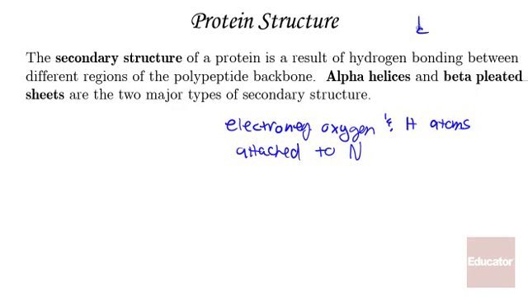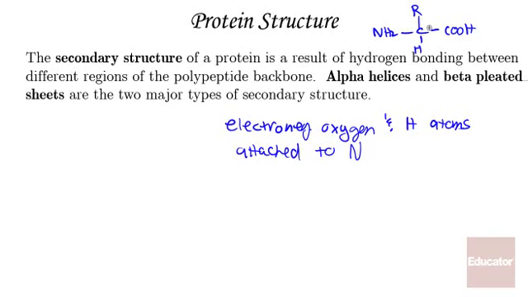So remember your basic amino acid structure. There's an R group, there's a carboxyl group, there's hydrogen, and there's an amino group. And the hydrogen on the amino group is attracted to the electronegative oxygen atoms in these carboxyl groups. So this would cause hydrogen bonding between one amino acid and another nearby amino acid.